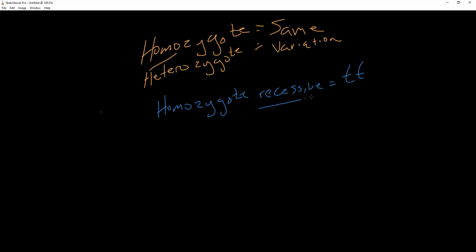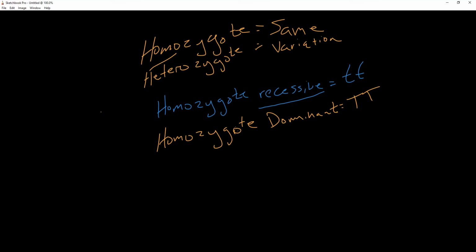However, that is a recessive. And if we want a homozygote dominant, we're going to want to have 2 uppercase T's, right?